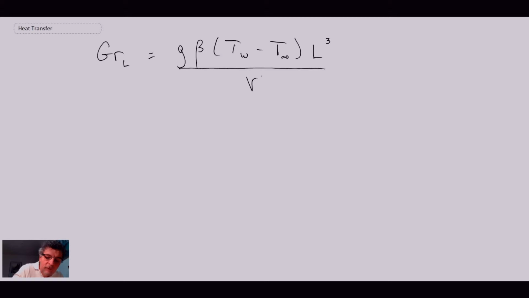So that is the Grashof number, where nu is equal to our dynamic viscosity divided by the density. What the Grashof number represents is a ratio of buoyancy force to viscous force.